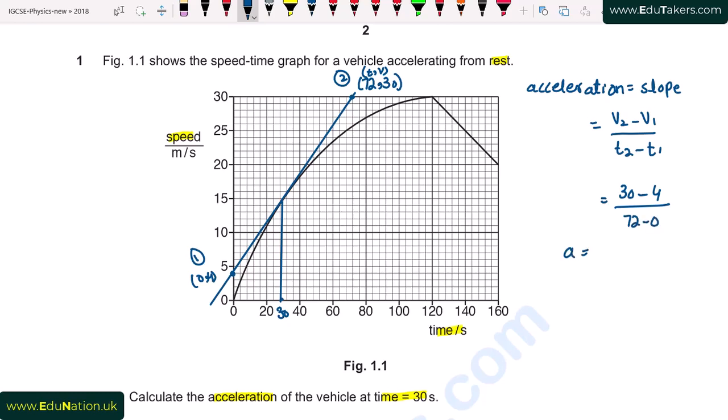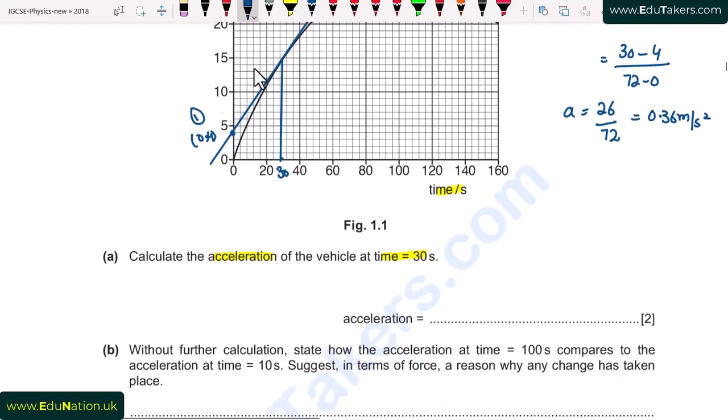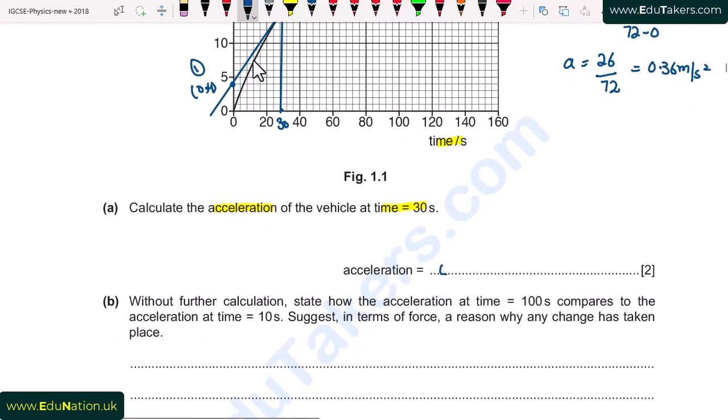Acceleration comes to be 26 divided by 72. So it comes to be 0.36 meters per second squared. So this is the value of acceleration at time t equal to 30 seconds. I write here 0.36 meters per second squared.